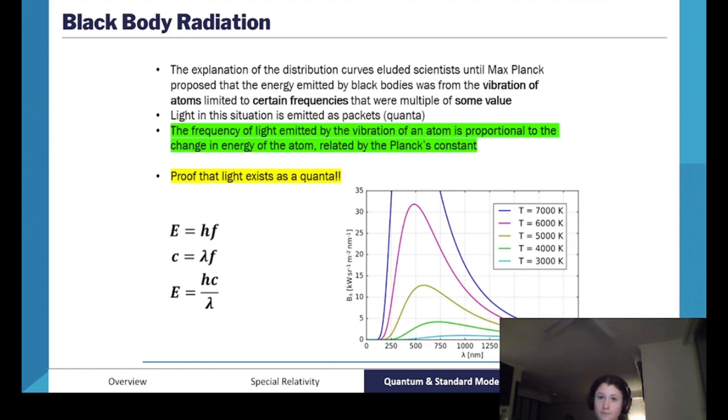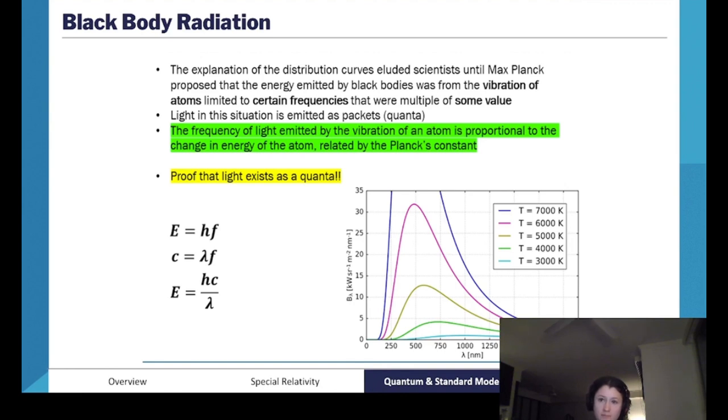Alright, so the concept of black body radiation and how it shows that light exists as a particle rather than a wave actually gets a little bit complicated the more you dive into it, unlike the two other experiments that we look at.